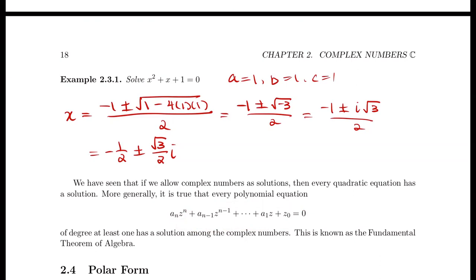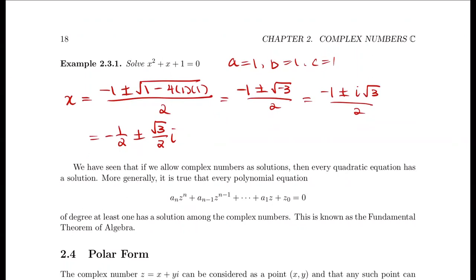Then every polynomial equation has a solution among the complex numbers. That is known as the fundamental theorem of algebra, which is an interesting result for complex numbers.